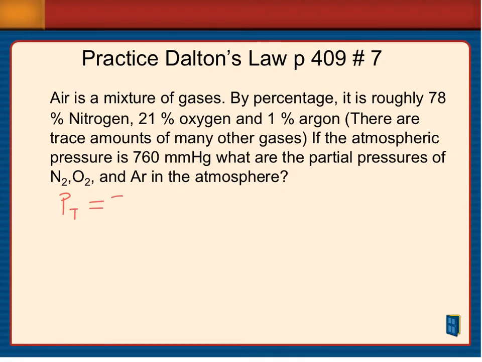What are the partial pressures of N2, O2, and argon in the atmosphere? The total pressure of the atmosphere is given as 760 millimeters of mercury. Convert the percents to decimals.